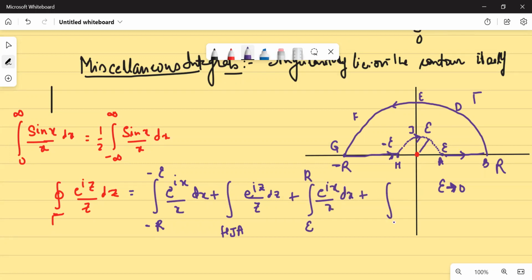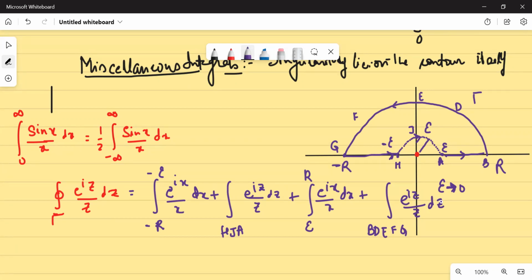And then you have integration over the other arc, and e to the power iota z upon z dz. Is that clear? Yes, sir. Okay, so that's the first left.